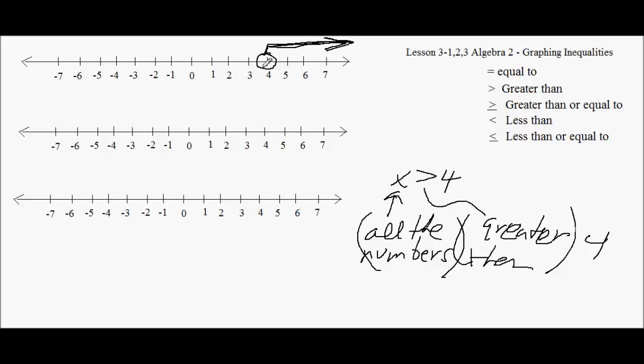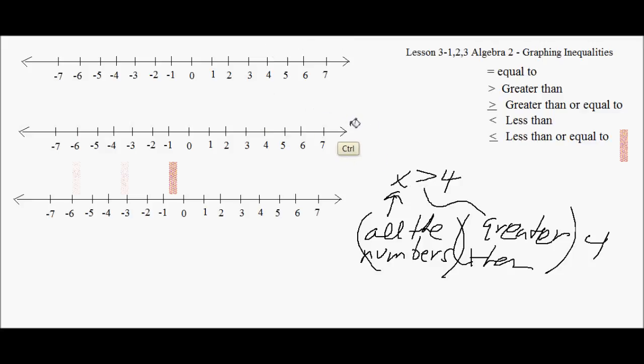So since we're not including 4, I graph it with an open circle. Now, if I would put a line under here, that would be all the numbers greater than or equal to. Then I would fill in this circle. And then we have this darkened circle, meaning this is all the numbers greater than or equal to 4.